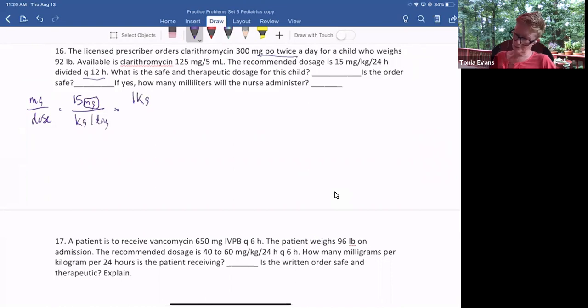1 kilogram is 2.2 pounds, and 92 pounds.